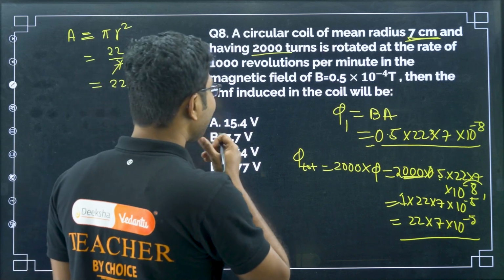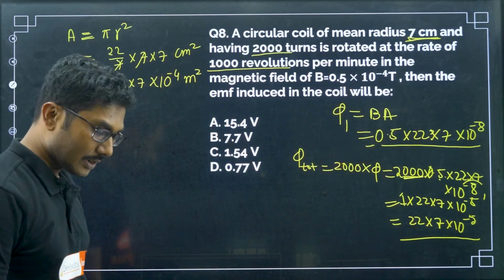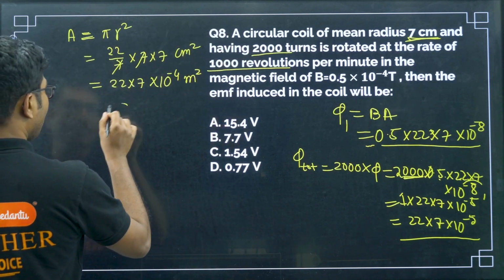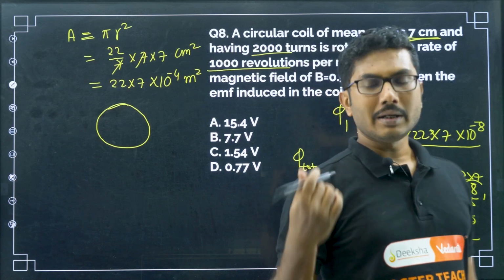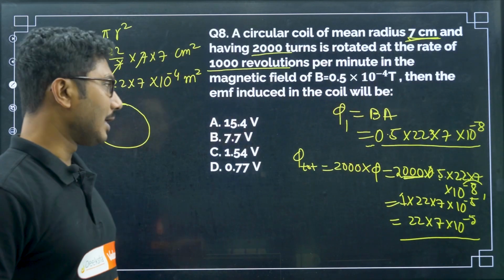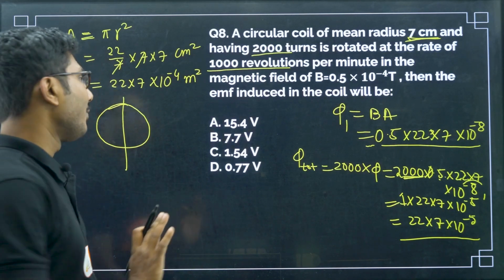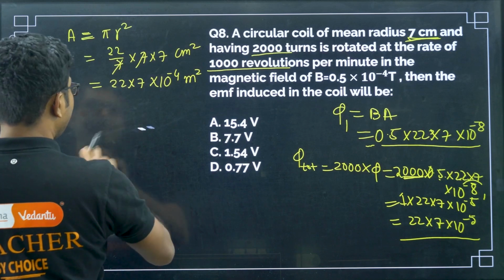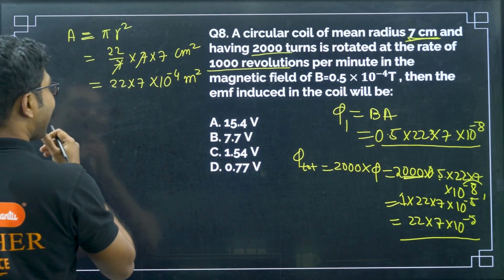Now, what they are saying, it is also rotating at the rate of 1000 revolutions per minute. Okay, with one revolution, what is the change in the flux? So, 1 RPM means what is the change in the angle?